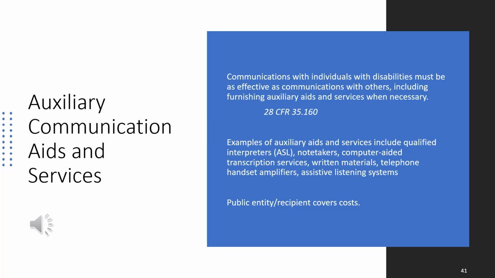Examples of auxiliary aids and services include things like qualified ASL interpreters, note takers, computer-aided transcription services, written materials, telephone handset amplifiers, and assistive listening devices. A public entity or recipient would cover the cost of these auxiliary aids and services.